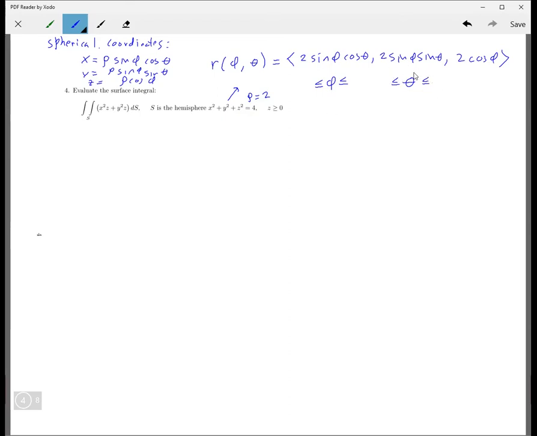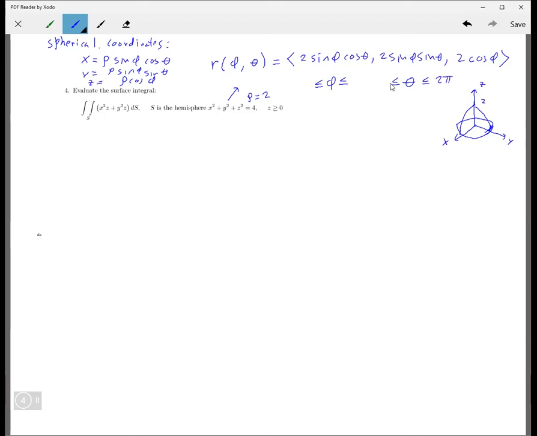Okay, so let's go with theta first. What do you think the limits on theta are? That's the easier one. It would be 2 pi, right?